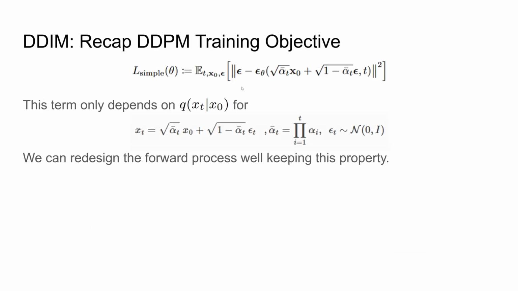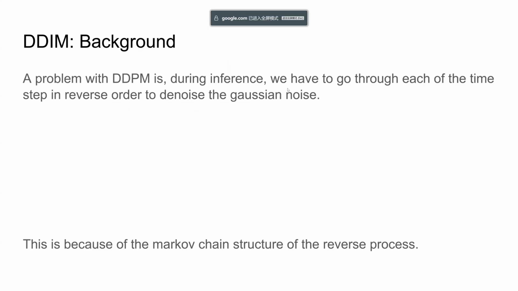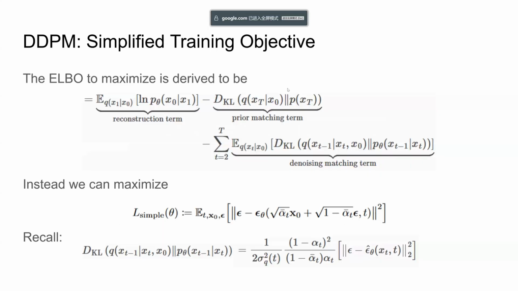Let's quickly recap our training objective. So in this term, t, x0, and epsilon follow our known distributions. t is a uniform distribution, x0 and epsilon are Gaussian noise. And so what really matters here is the term inside, epsilon theta, which is the noise predicted by our model. And if this looks a bit unfamiliar, let's go back a few slides to this one.